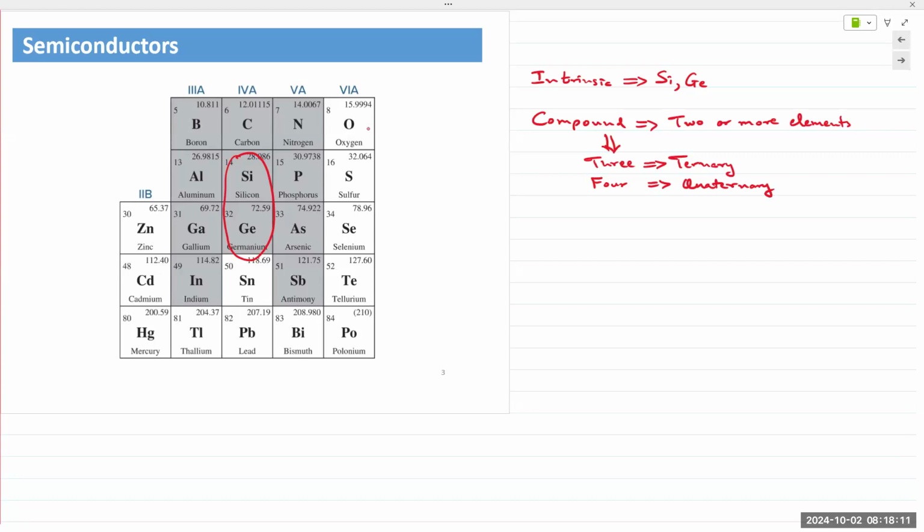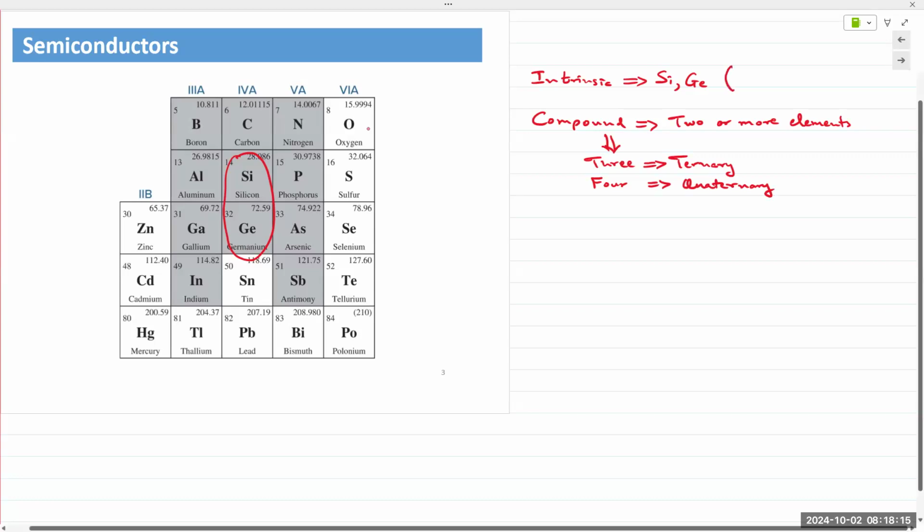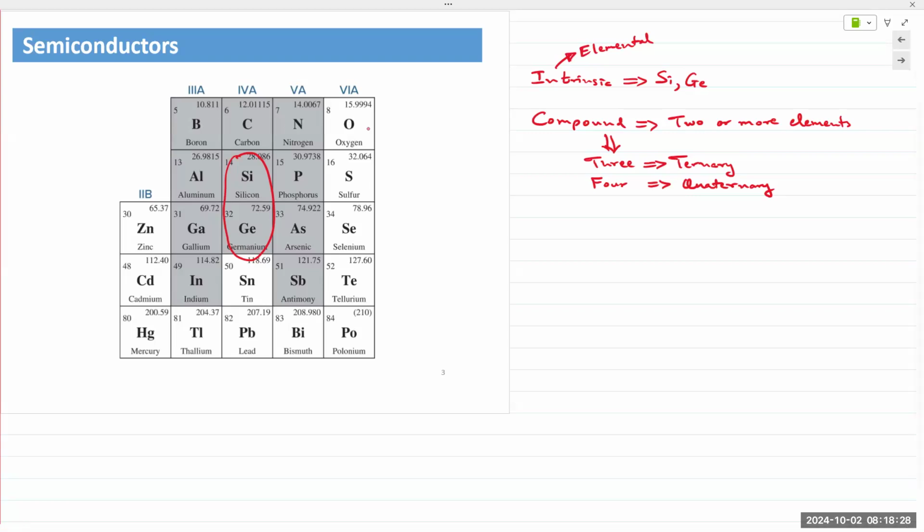Intrinsic semiconductors are also known as elemental semiconductors. They are from column 4 of the periodic table, so they have 4 electrons in their outermost orbit.